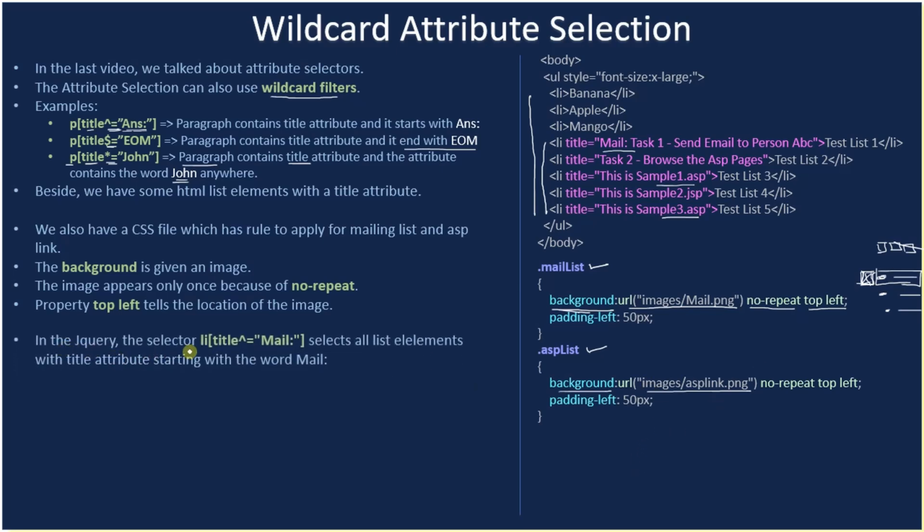In jQuery, the selector li stands for list. So we want to select all lists that contain the attribute title. If you see, there are multiple lists with the attribute title: 1, 2, 3, 4, 5. Caret equal to mail, so title with the value mail.